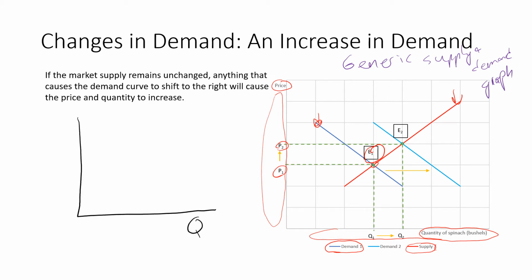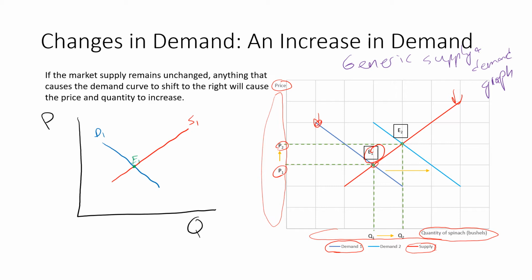So this is quantity, this is price. And I can use some colors here, so we're just going to recreate this. In dark blue, here's our initial demand, so I'm going to label that demand 1. Remember, we went over this in class earlier when we were still meeting in class. And here's my initial supply, so supply 1. Then in green, this is our initial equilibrium point, E1.